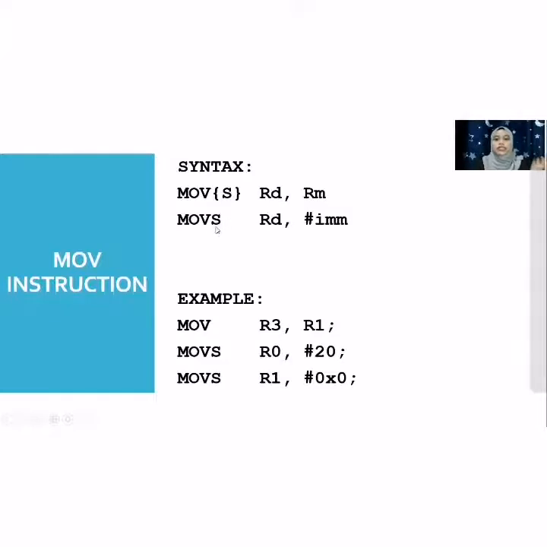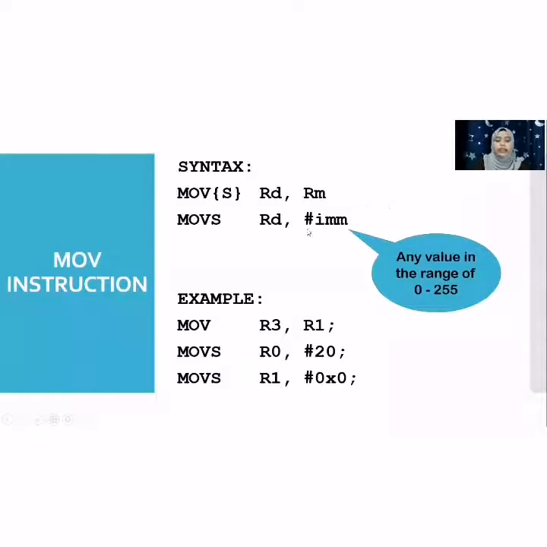This is the restriction for using it if we want to move the immediate data into the register destination. And for the immediate value, it is any value in the range of 0 until 255. And it can also be written in hexa values.